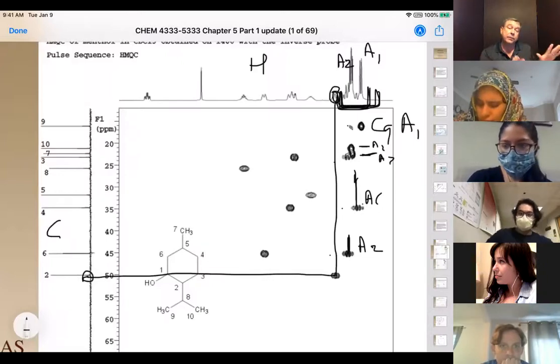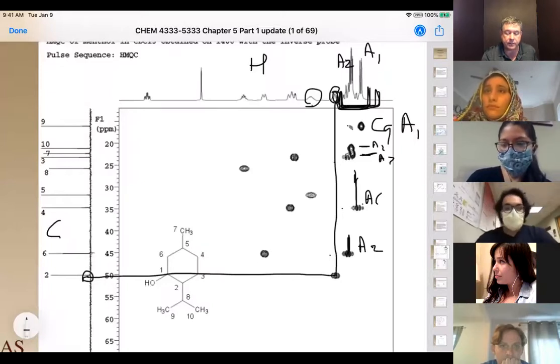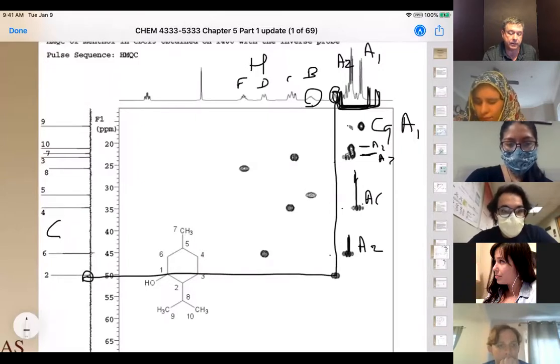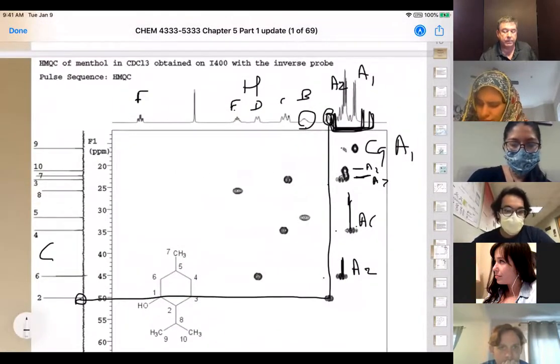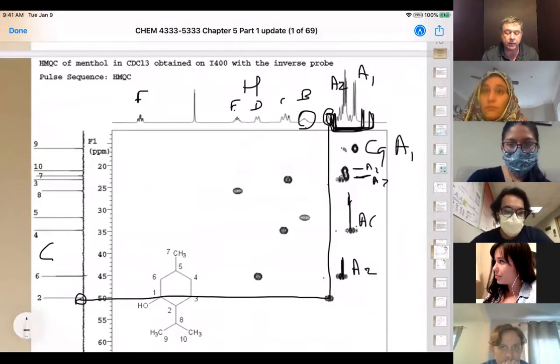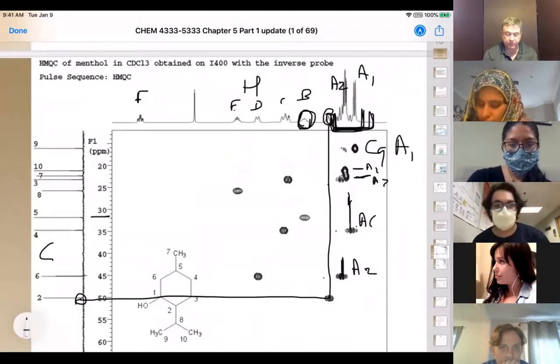Now let's go to a couple of the easier ones right here. These hydrogens here, I'm going to call B, C, D, E, and F. I'll show you why. The hydrogens at B correlate to carbon number 5.